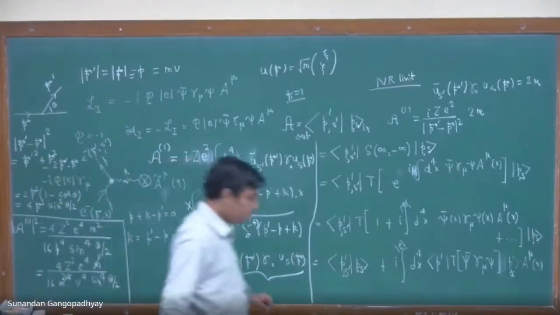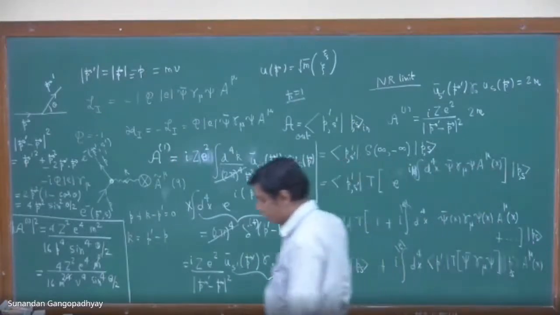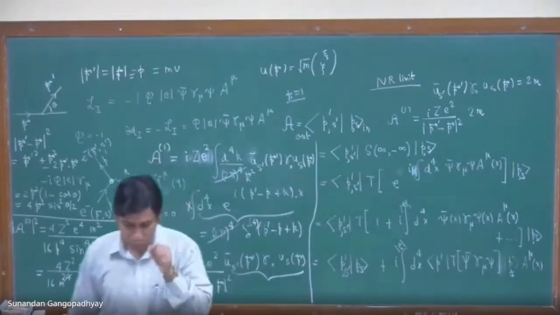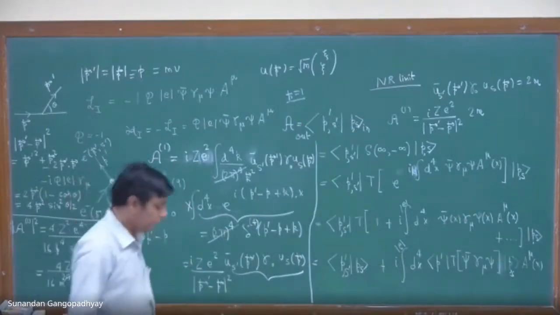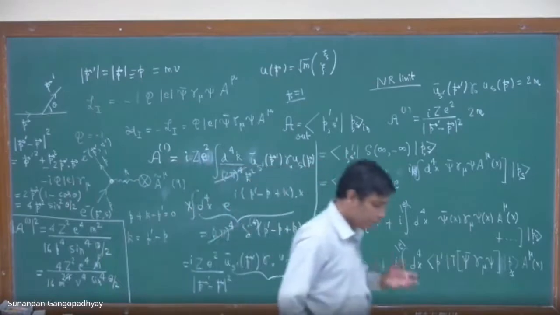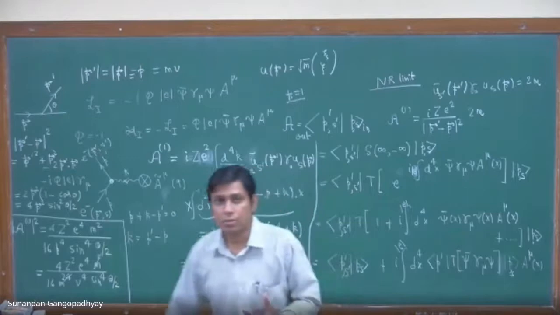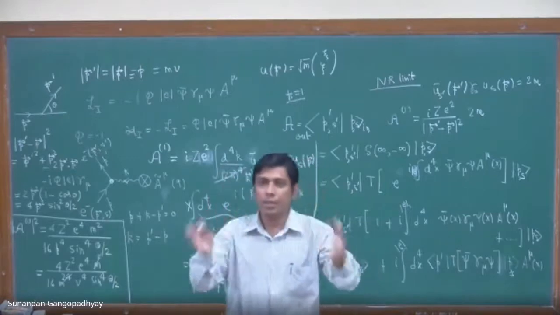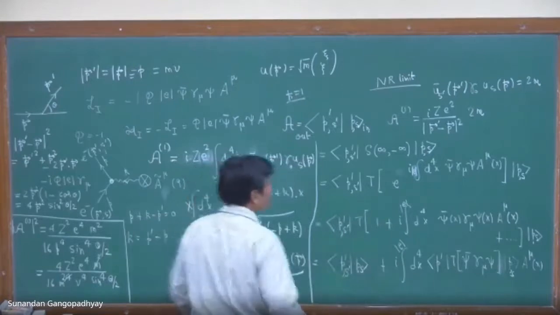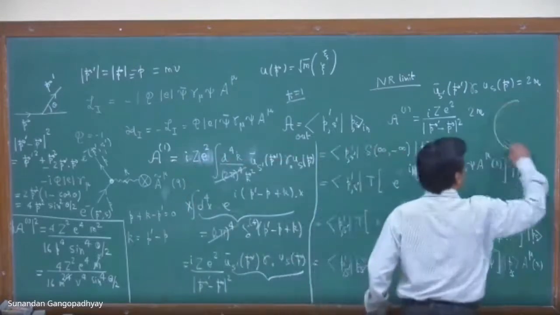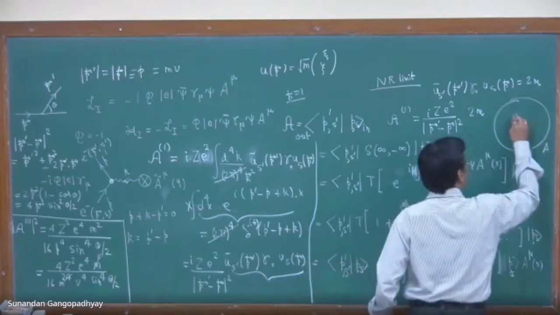Now there is a very important concept of scattering cross section. I will tell you what I mean by scattering cross section. The concept is quite simple. Suppose you have some hard sphere and its radius is small a, and it is in an area capital A. So you have some area A, and here you have some sphere.